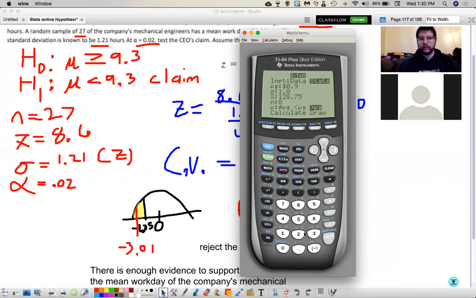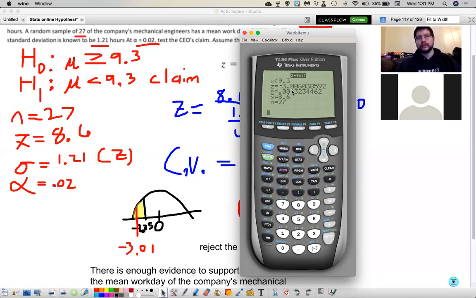Mu is 9.3. Sigma is 1.21. X bar is 8.6. N is 27. It's a left tail, and we calculate. It gives us our test statistic and our p-value instantly. You still need to find the critical values because it tells you to.